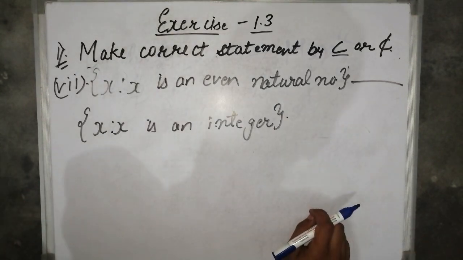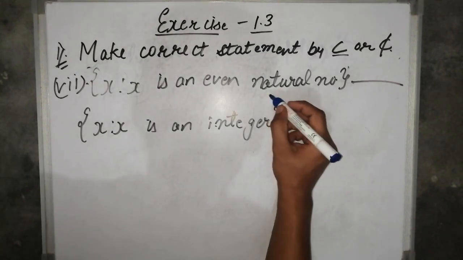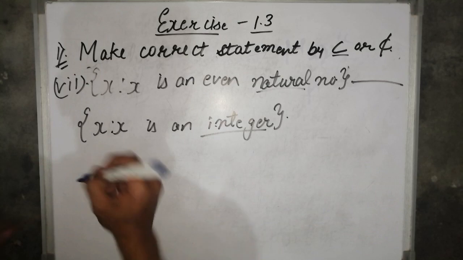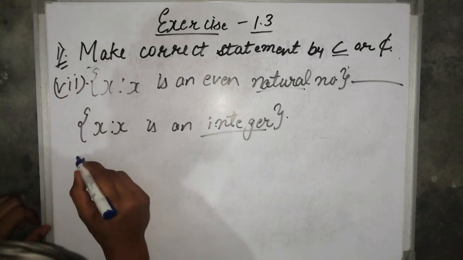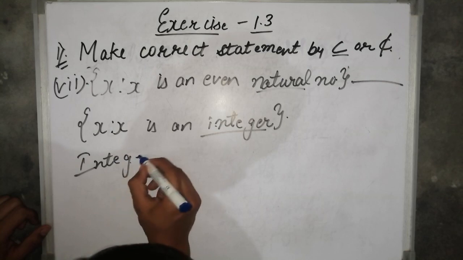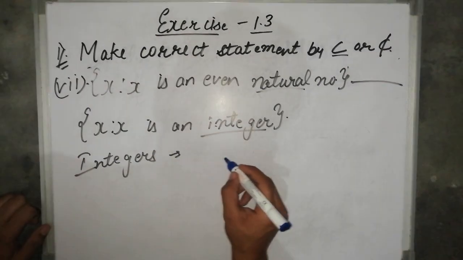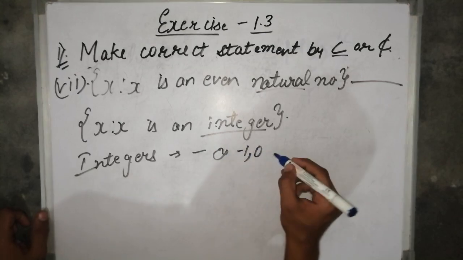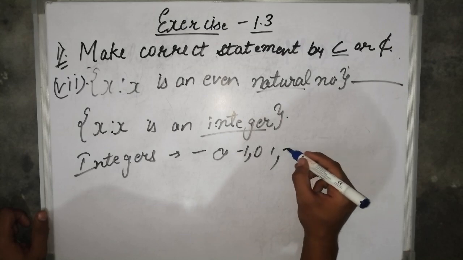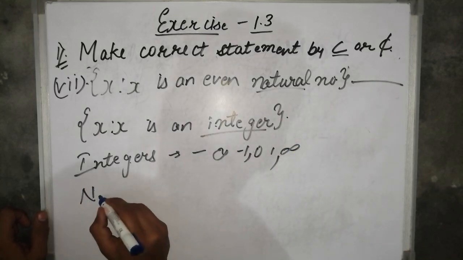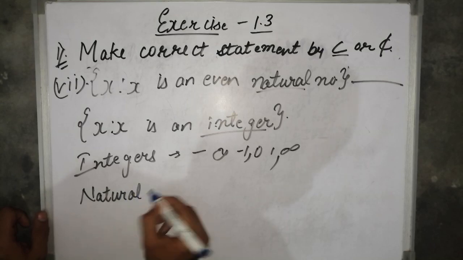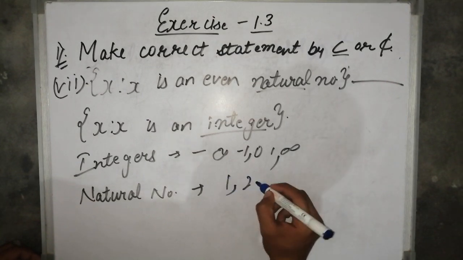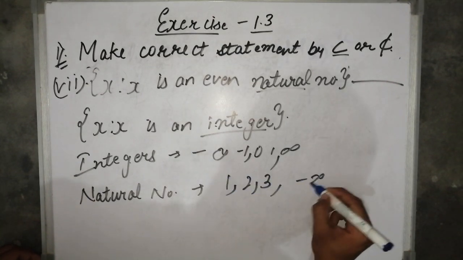Remember students, I told you before starting this lecture that you must memorize integers and natural numbers. Integers are those numbers which start from minus infinity to -1, 0, 1 until positive infinity. Natural numbers are the numbers starting from 1, 2, 3 till infinity.